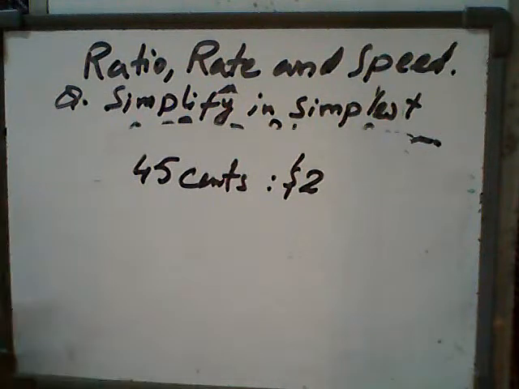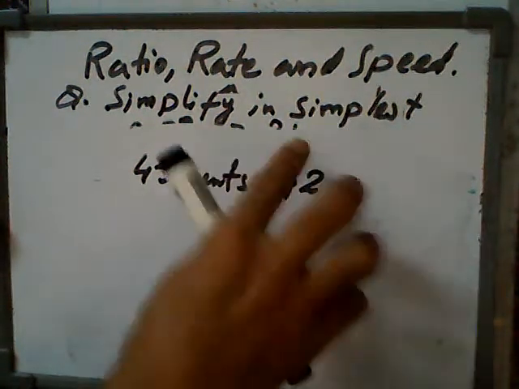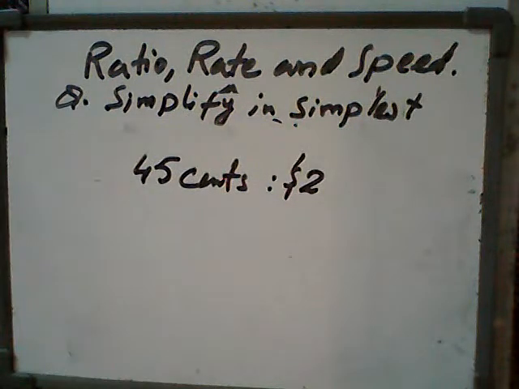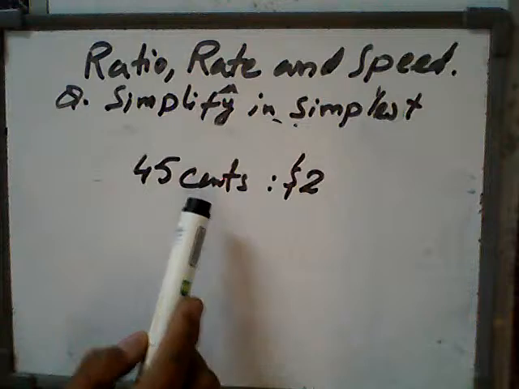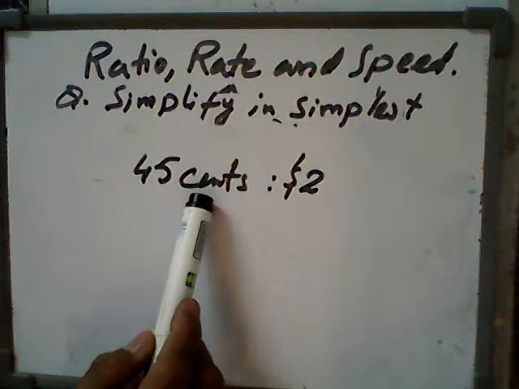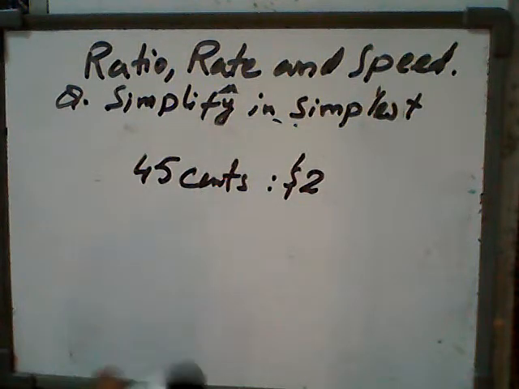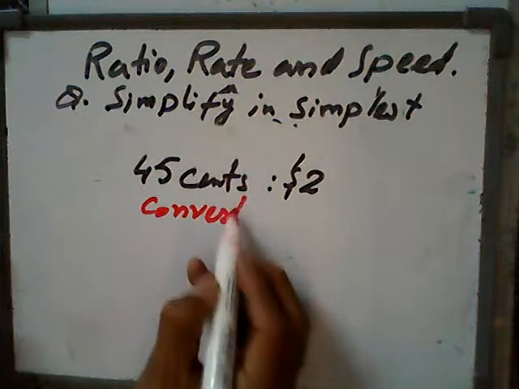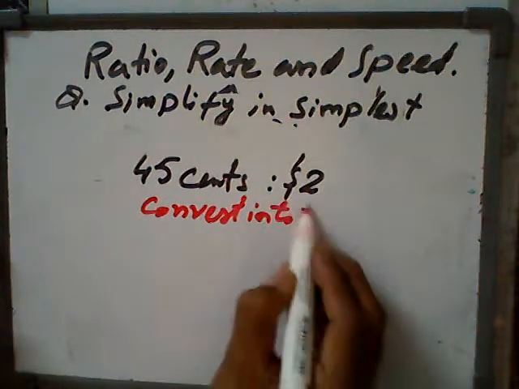So first thing we need to do is to look for the unit which is the smaller unit. So which unit is the smaller, dollar or cents? You can see that the cent is the smaller unit and dollar is the bigger. So we will be converting the units into the smaller unit.